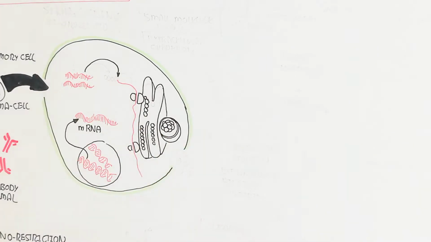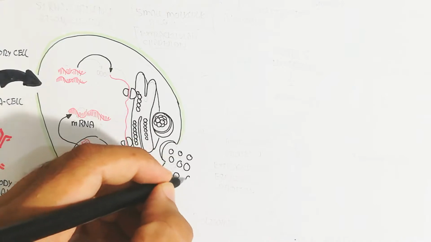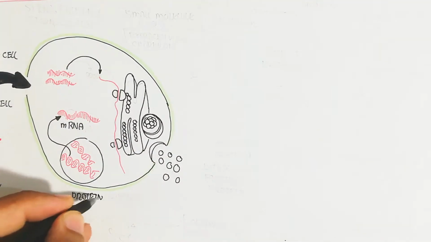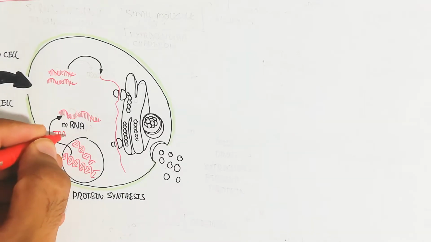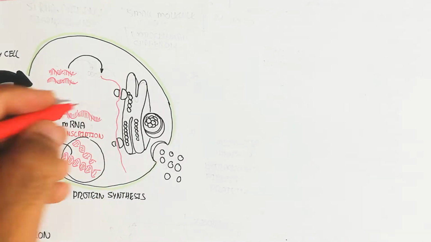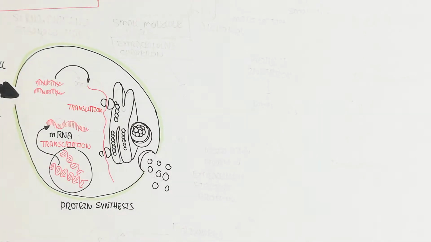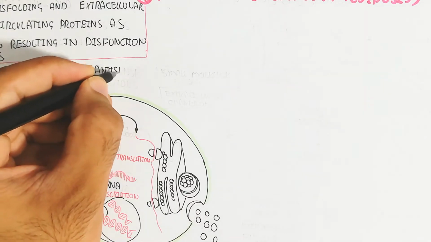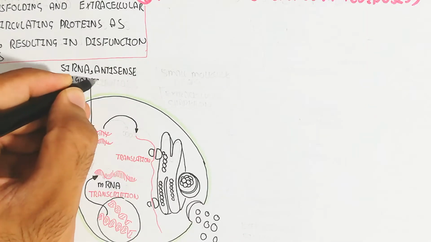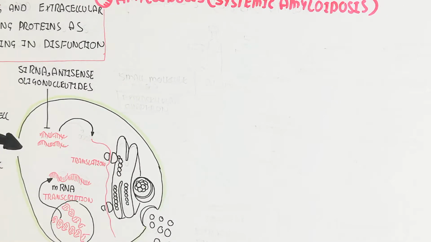This protein basically should be folded correctly in the Golgi bodies and endoplasmic reticulum. This is the protein synthesis, but in this case the misfolding will occur. The misfolding protein is due to the DNA damage or a problem in the subunit of the amino acid. So here the siRNA and antisense oligonucleotides can inhibit this production of protein.